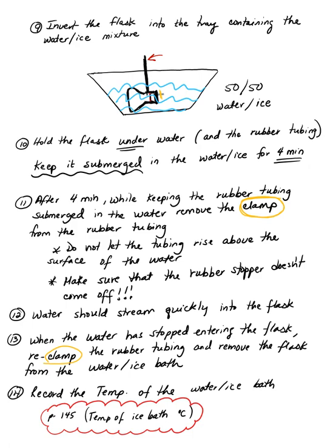You're going to hold your flask down under the water. Make sure that the piece of rubber tubing in the rubber stopper is under the water. You're going to hold that flask under the water for 4 minutes, so you have to time it.